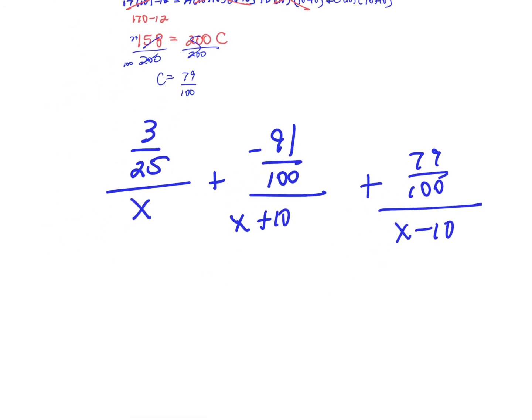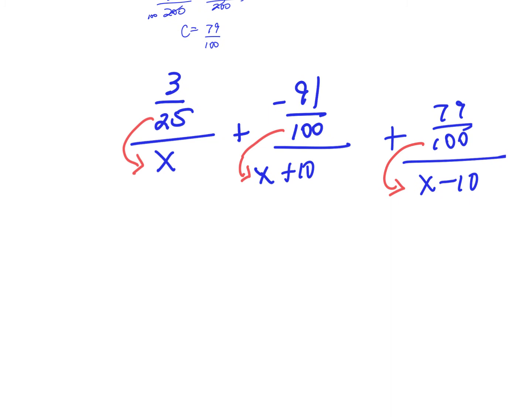All right. If you leave it like this, you are not getting full credit. Where should all of our denominators in our numerators go? They should go to the bottom. This should come here. This should come here. This should come here. You do not have to distribute. You can just leave it as 3 over 25x. Again, you can say plus a negative or just minus.